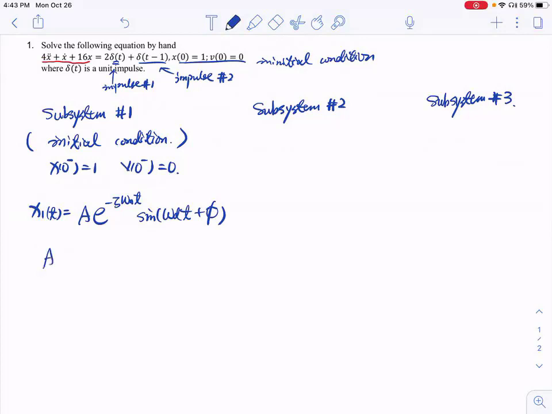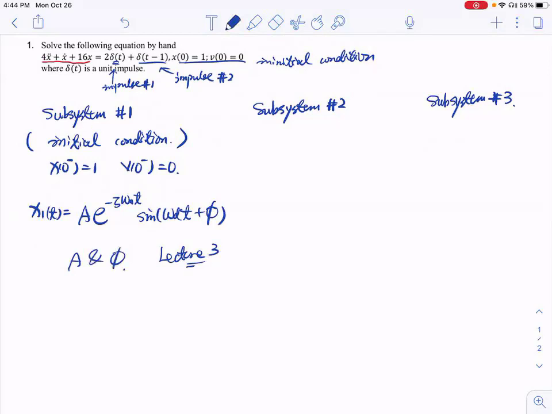The A is a function of x0 and v0. You can go to lecture 3 to find the expressions for A and phi. All right, so that's your solution.